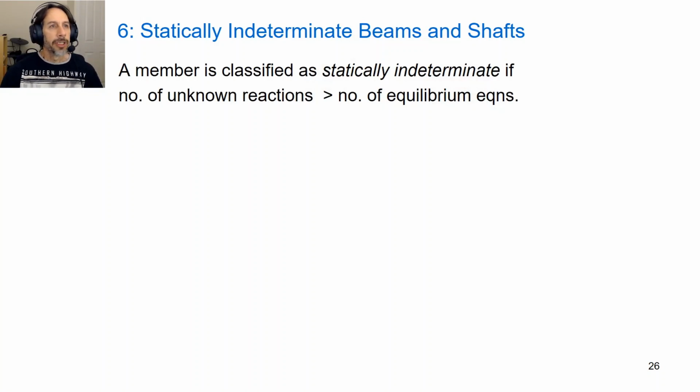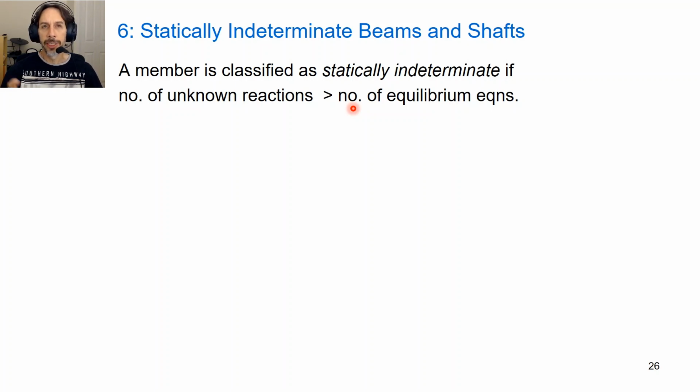In this part of the video we're going to look at statically indeterminate beams and shafts. Here a member is classed as statically indeterminate if the number of unknown reactions is greater than the number of equilibrium equations. Up until now, when you've been doing equilibrium problems, calculating reactions at supports, you generally had the same or fewer unknowns than equations of equilibrium.